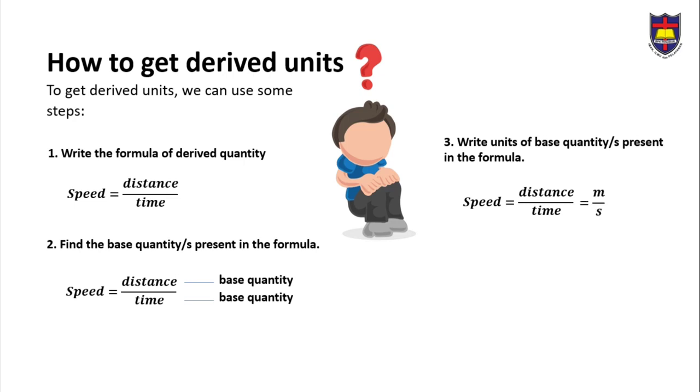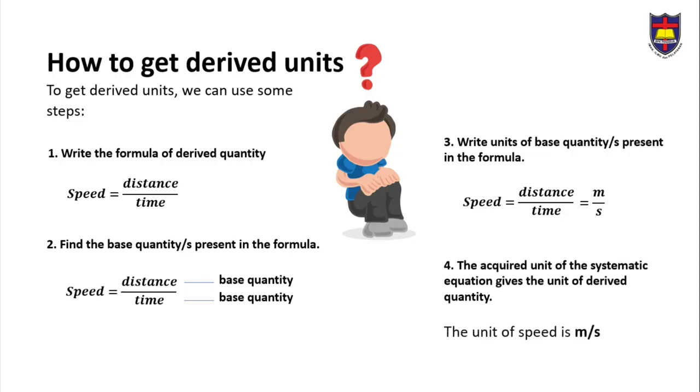Okay, the last step. The acquired unit of the systematic equation gives the unit of the derived quantity. So we can see from here, the unit of speed is meter per second.